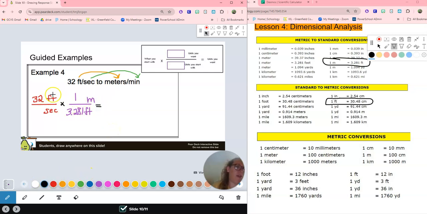So first, if we multiply this out, cancel out the feet, we're left with 32 meters per, and then down at the bottom we have 3.281 seconds.